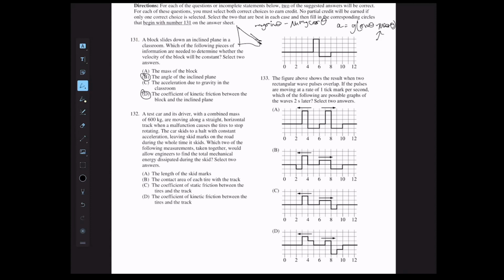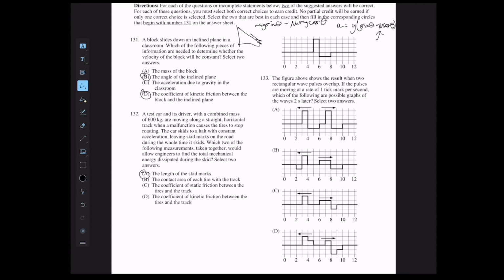Okay. So a test car and its driver with combined mass 600 are traveling. Okay. So the length of the skid marks are needed because force times displacement shows the work done, and the work energy theorem states that the work done on a system is equal to the change in energy.